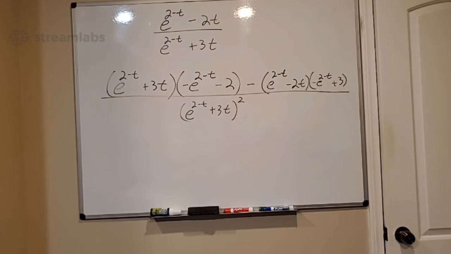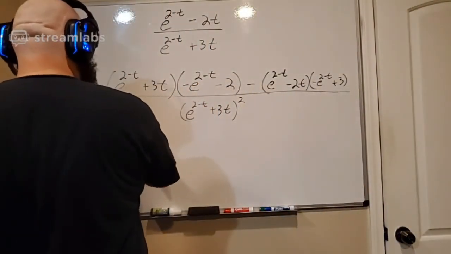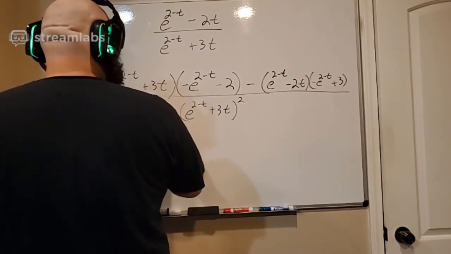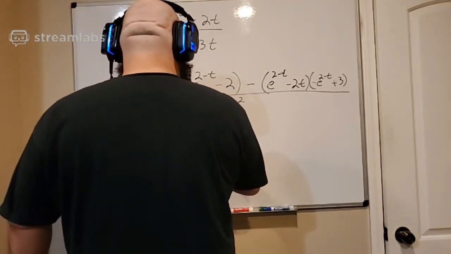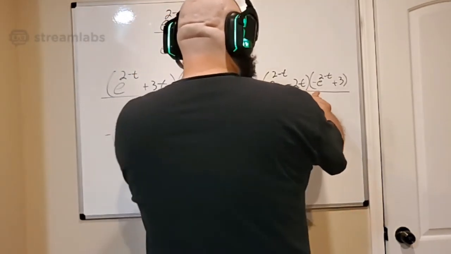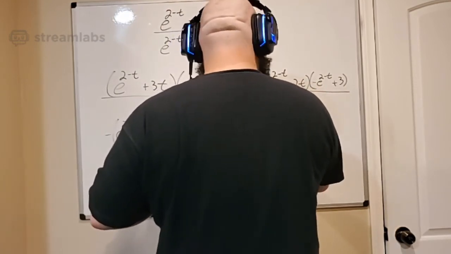Okay, so when I multiply these two, it's just negative e to the 2 minus t squared minus 2e to the 2 minus t minus 3t e to the 2 minus t. When I distribute the right-hand side, the first one's negative, but I have a subtraction, so it becomes plus e to the 2 minus t squared, which will cancel out with that first one.